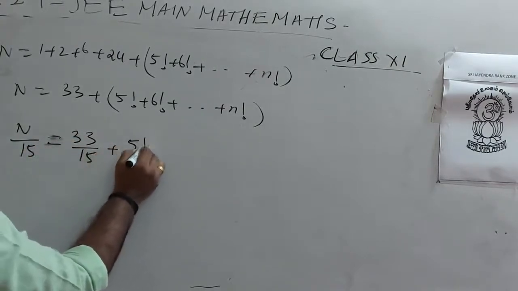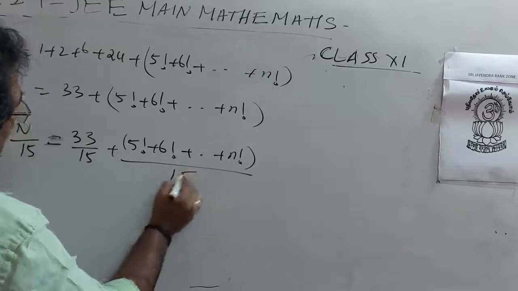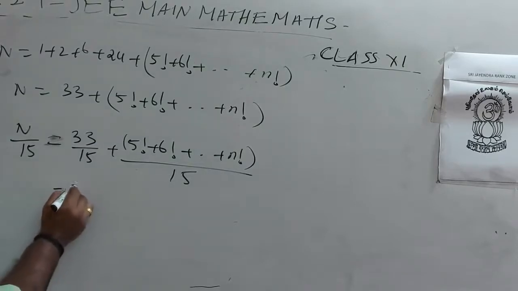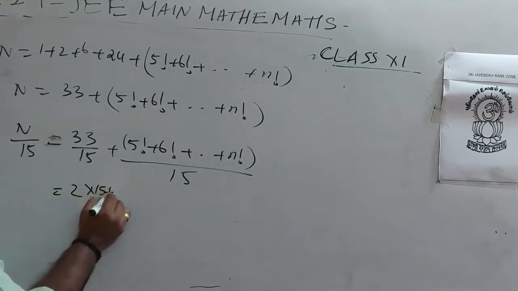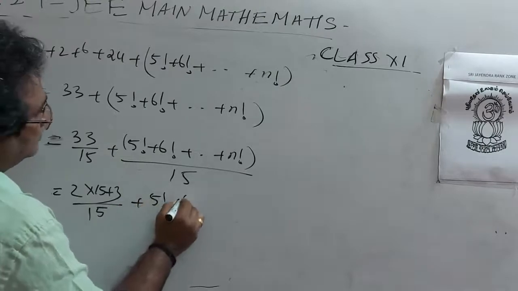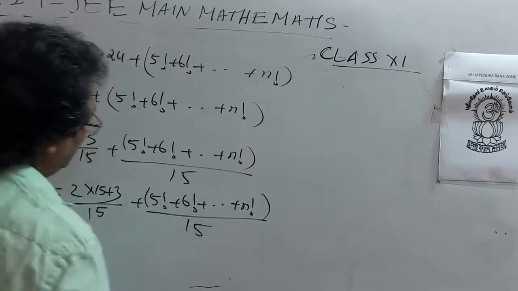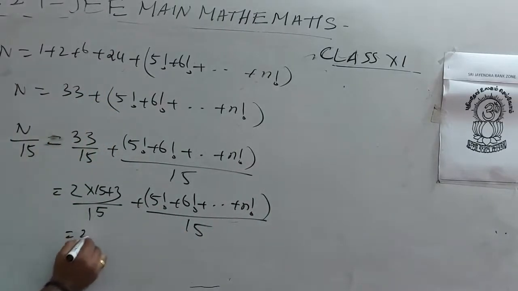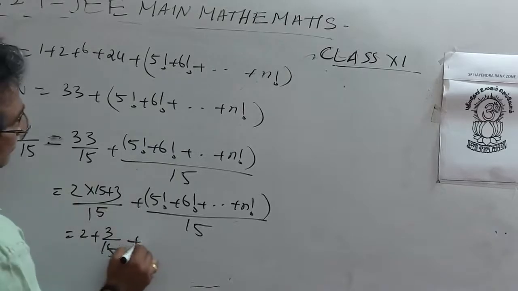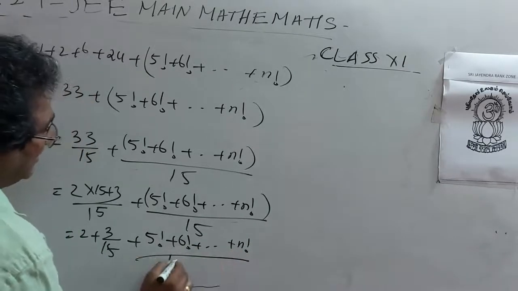Dividing by 15: 33 is 2 into 15 plus 3, plus 5 factorial plus 6 factorial up to n factorial, all divided by 15. The 2 into 15 by 15 will be cancelled. So we get 2 plus 3 by 15 plus some integer, since the rest is divisible by 15.